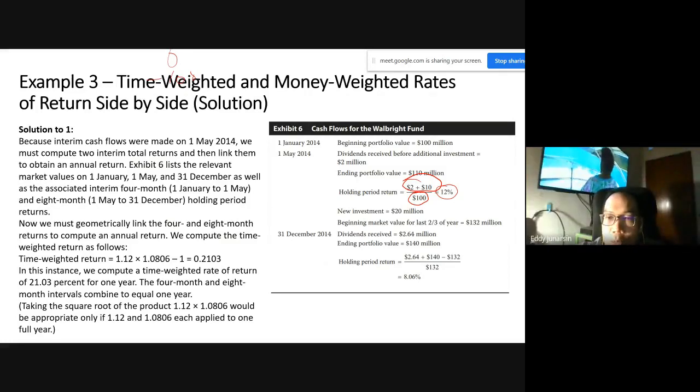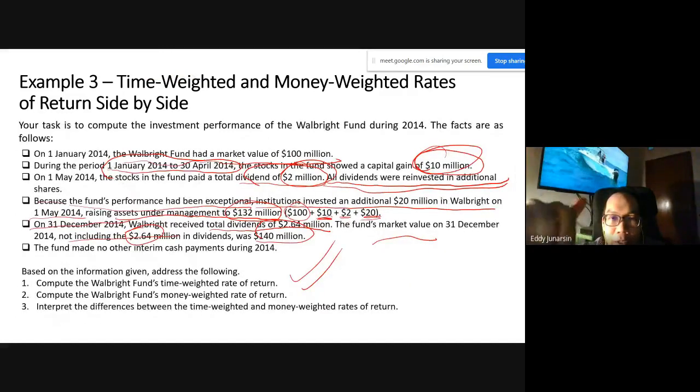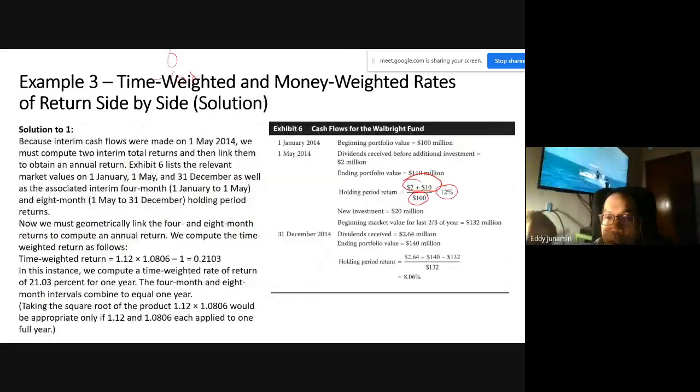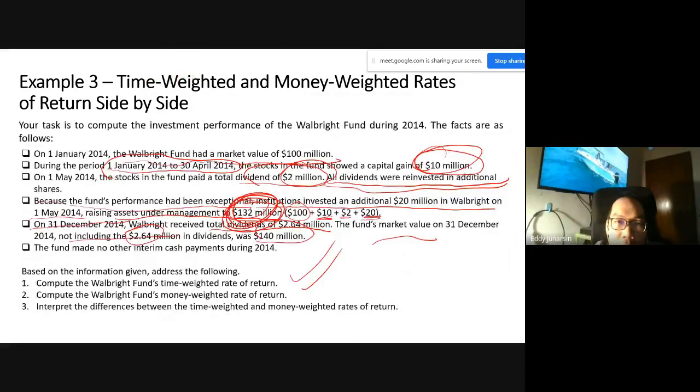Okay, so new investment at the end of April. When we started May, the beginning amount of investment was 132 million. So at the end, how much did we make from the story? 264. And what is the capital gain? Can you tell me quickly?